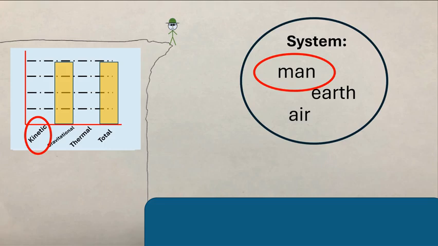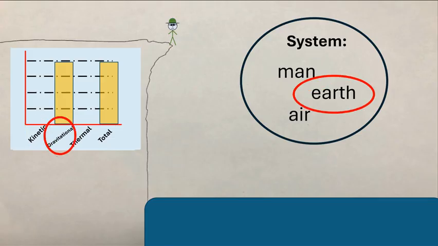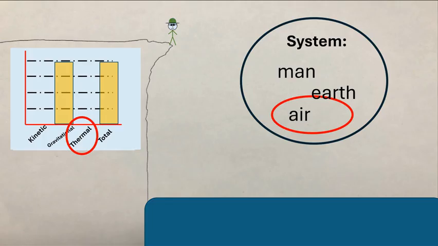If he's not moving, he has none. Once he speeds up, he'll have some kinetic energy. The faster he goes, the more kinetic energy he'll have. The earth causes there to be gravitational energy. And then the air, all right, now the air is moving around everywhere, so there's actually a lot of thermal energy. But we're just going to use this bar to represent any new thermal energy that's created by him falling, right?